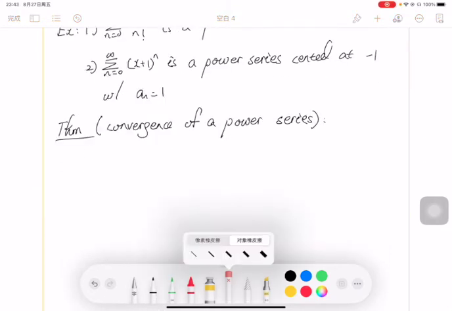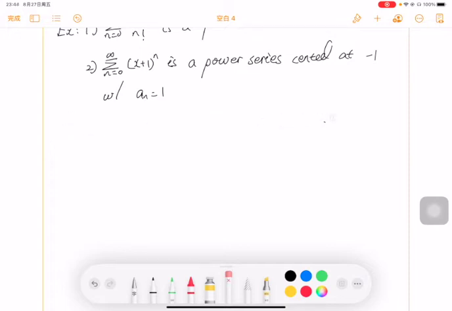Let me write all of this down before we introduce the convergence theorem.